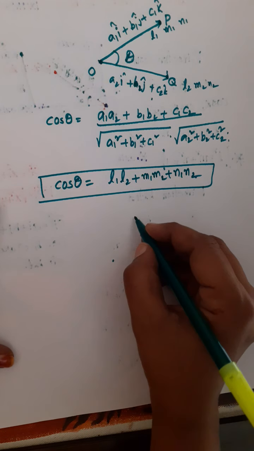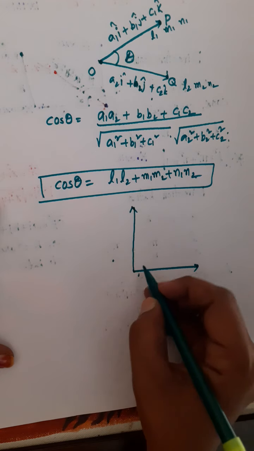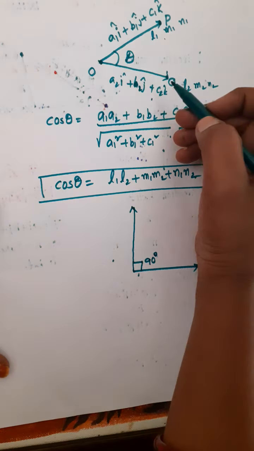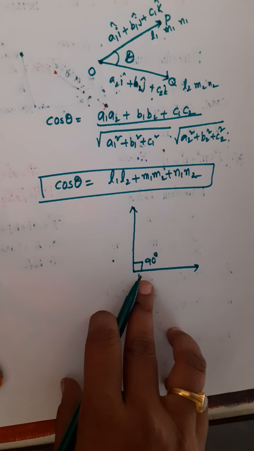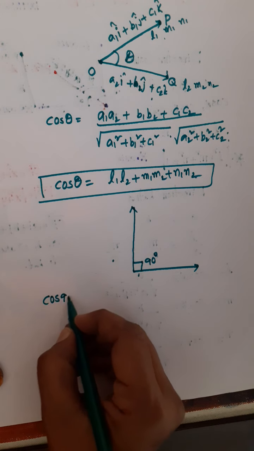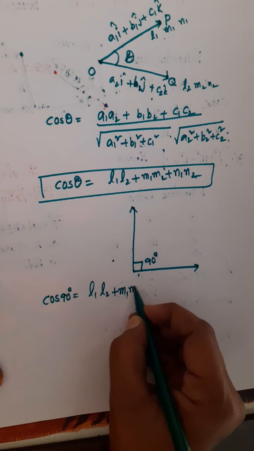See, suppose these two lines are perpendicular, then what about the angle? It is 90 degrees, right? That is theta is 90. What is the cos 90 value? Cos 90 value is 0, right?